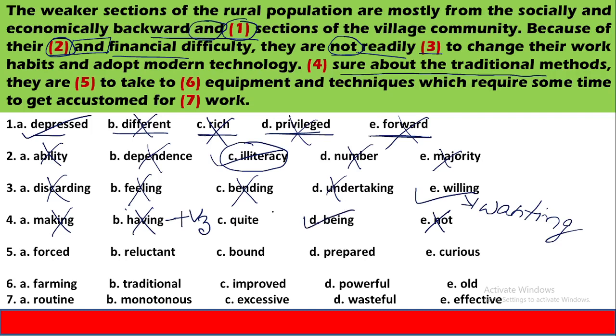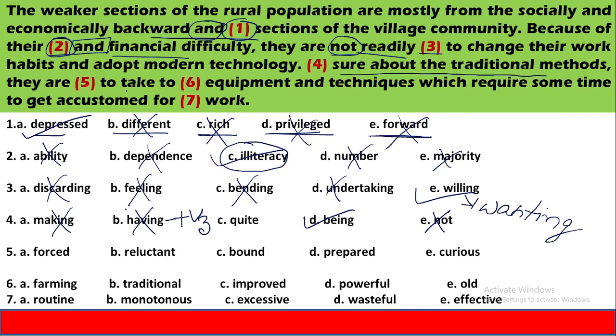They are dash to take to dash equipment and techniques which require some time to get accustomed for dash work. So, being sure about the traditional method, they are dash to take to. What is the meaning of take to here? Take to means start doing something or using something.